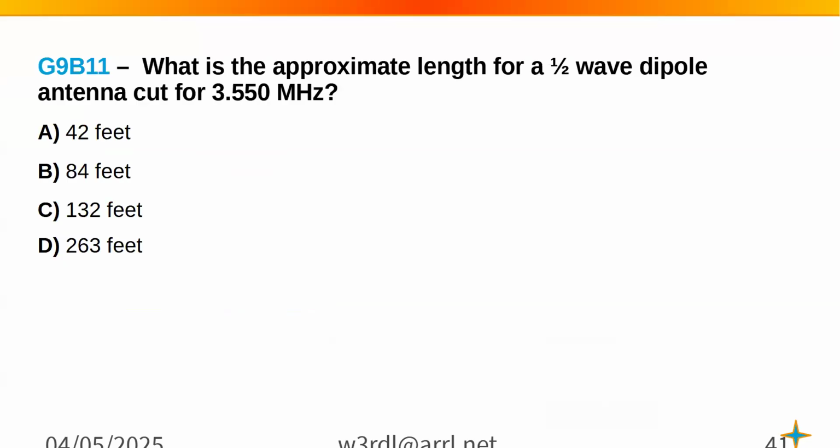So what's the approximate length for a half wave dipole cut for 3.550 megahertz? Well, since it was 65 feet at 40, what do you think it's going to be at 80? 468.